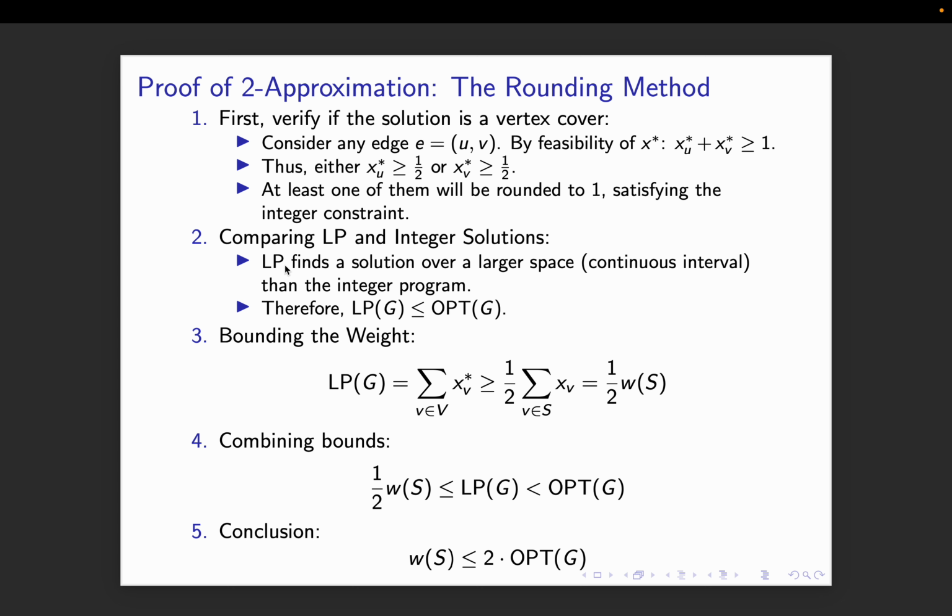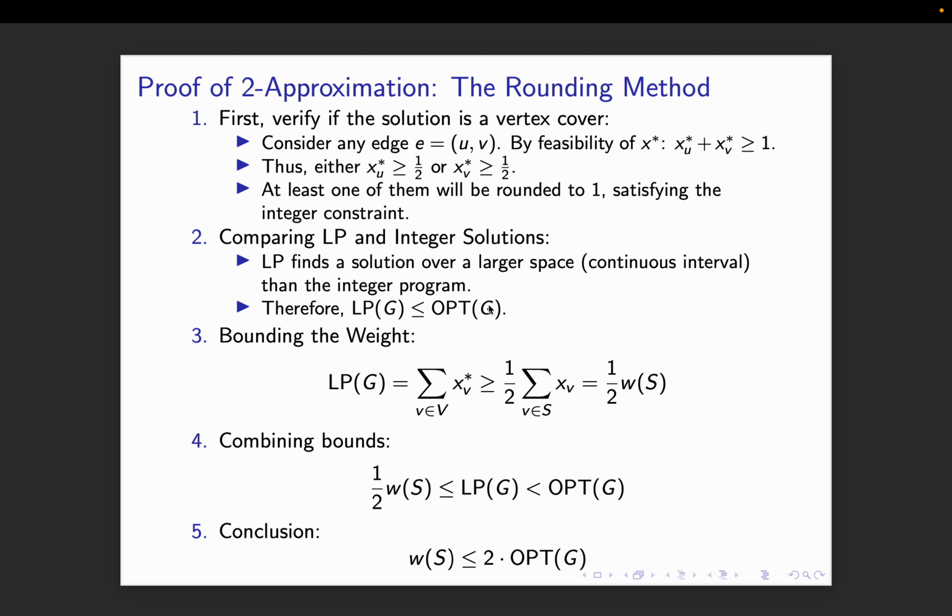So now let's see how bad this is. We already had a 2-approximation solution before, right? Let's see how bad this linear program solution is. So LP finds a solution over a larger space, the continuous interval instead of the discrete finite set. Therefore, the LP has to be less than or equal to the optimal solution of the graph, right?